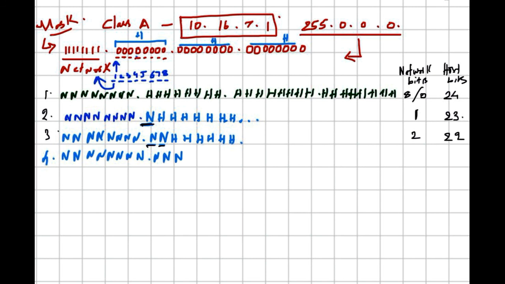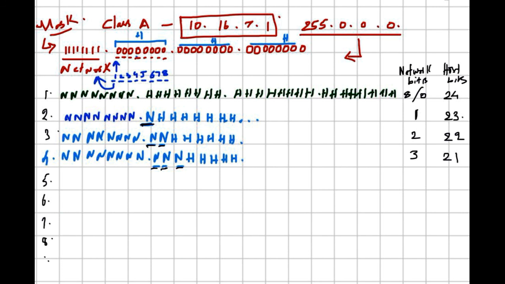Keep on adding the network bits, like 3, so it is 21 host bits. In this way you continue, 5, 6, 7, 8, 9.